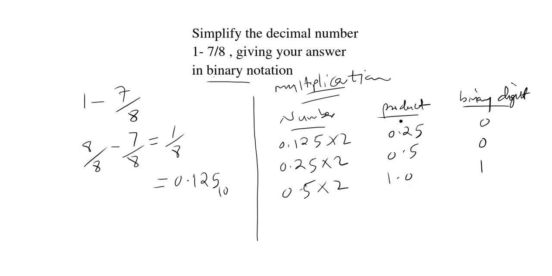In this method, in some situations, you'll find that you will not multiply up to getting 0 like this one. We say the more you multiply, the more accurate the answer is.